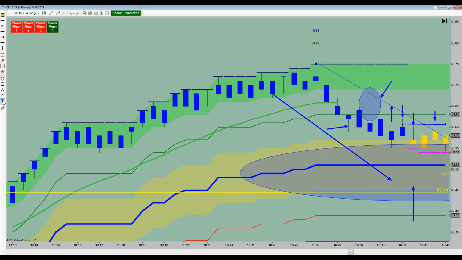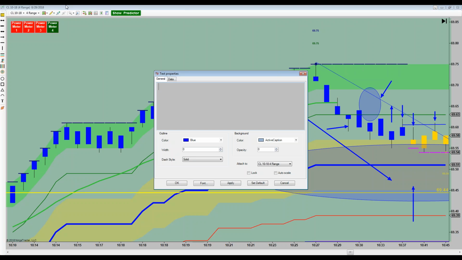So let's start to document this a little bit so you get a sense of what I'm talking about. In a retracement, bars should be close to, or in the case of a long, closing above, or below, the retracement ray.